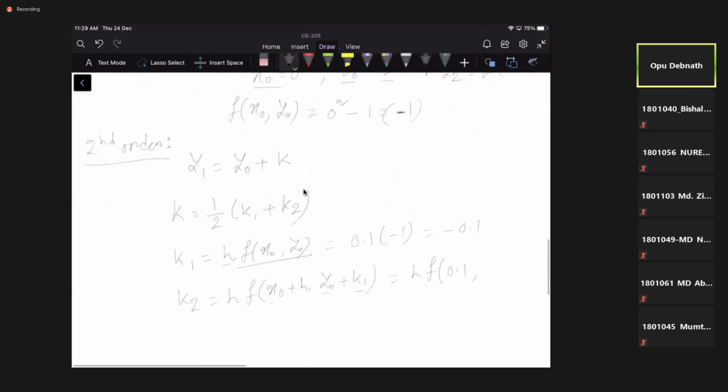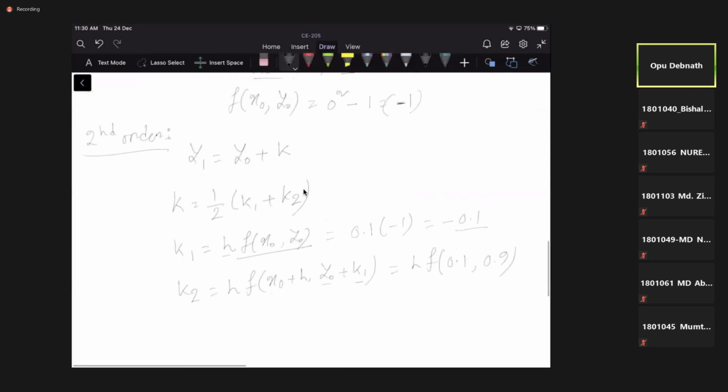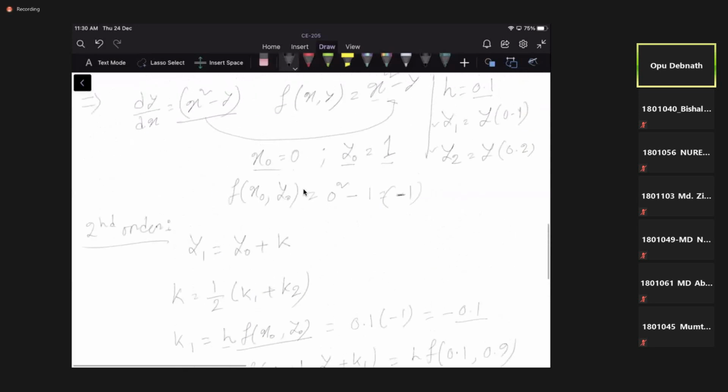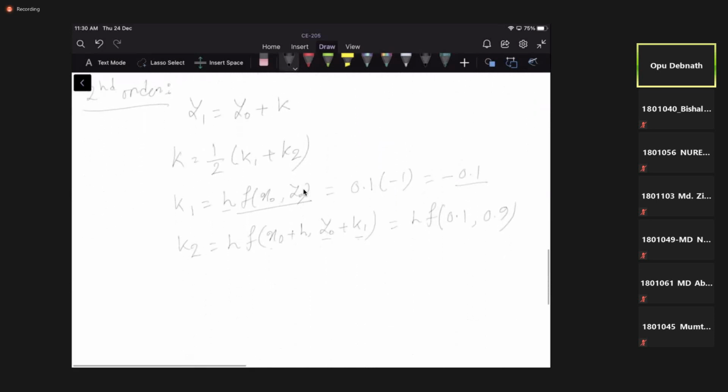Our y0 value was 1, plus k1 we got already minus 0.1, so that will be 0.9. So in our initial function f of xy, if you put the x value 0.1 and the y value 0.9, it gives you like this.